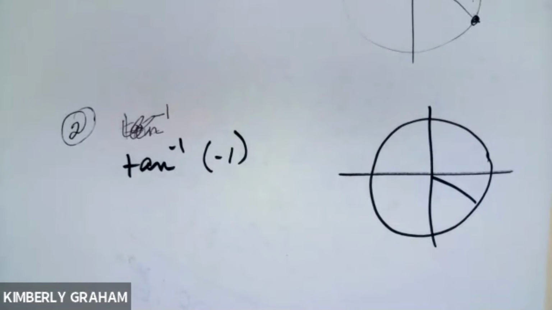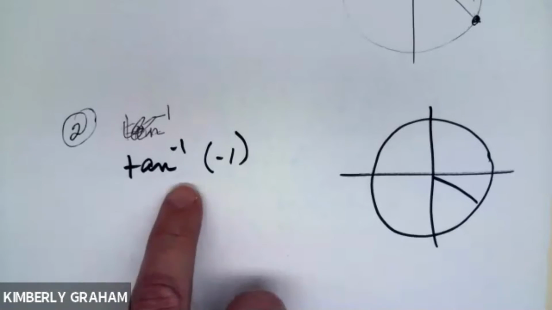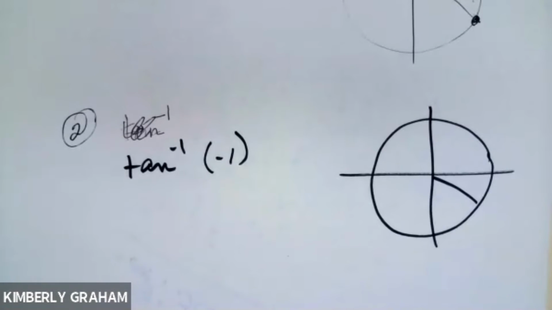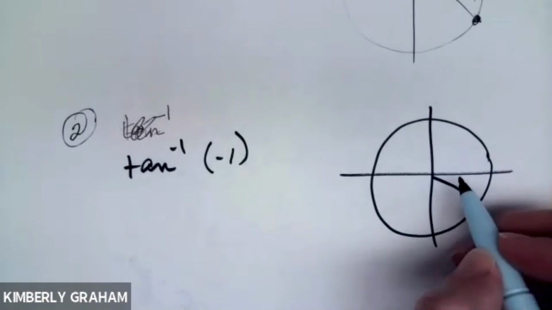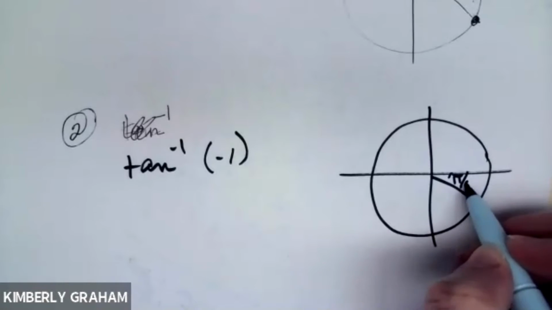You may know. Is it what? Not pi. Cosine of pi is -1. I'm looking at tangent here. Pi over 4. This angle right here is pi over 4.